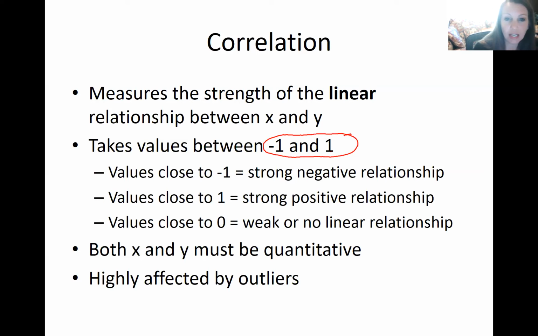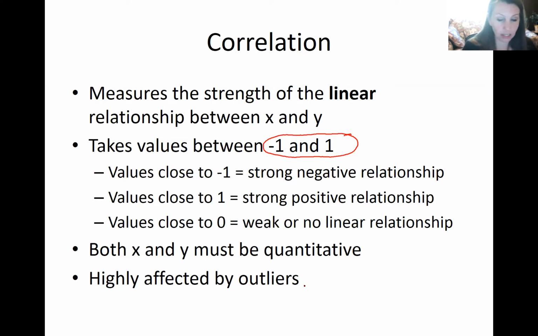The sign on the correlation indicates the direction, positive or negative, and the value represents how strong that relationship is. The closer you are to 1 or -1, the stronger the relationship, and the closer you are to 0, the weaker the relationship.